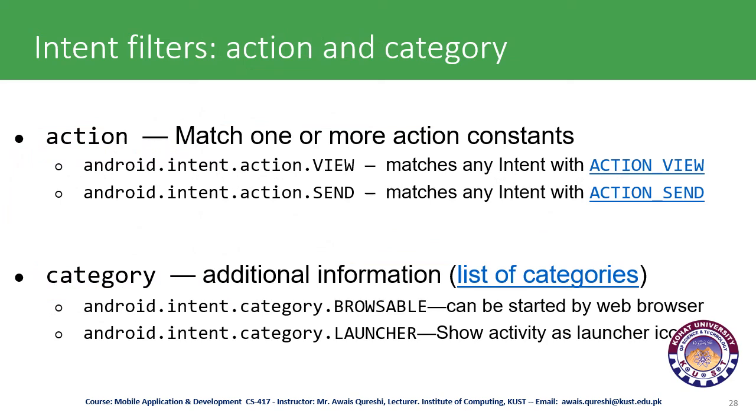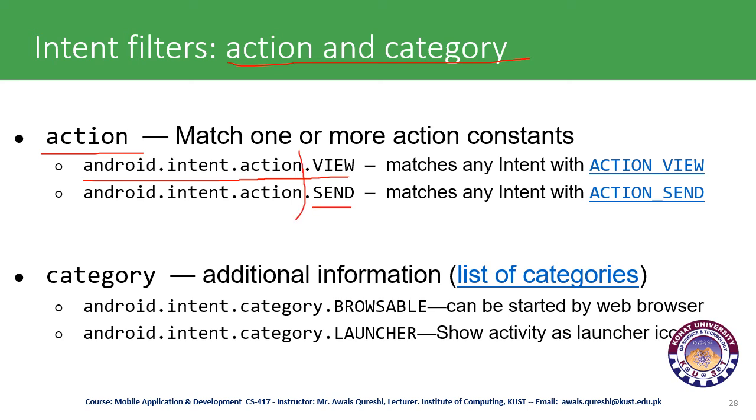So what are intent filters? Intent filters are a combination of actions with categories. What is an action? It matches one or more action constants. Let's suppose this is android.intent.action.VIEW. This means that we are going to view some file or some information; it matches any intent with action view. Another action is SEND.